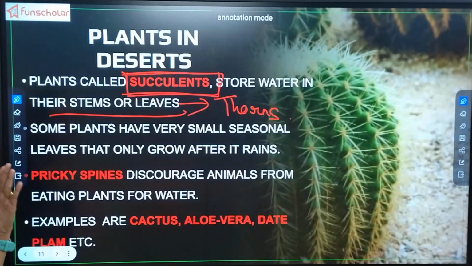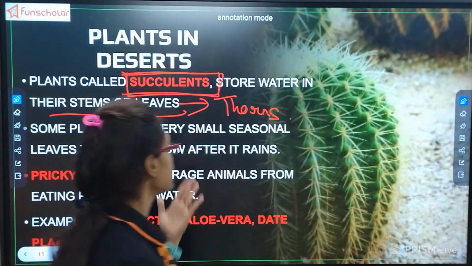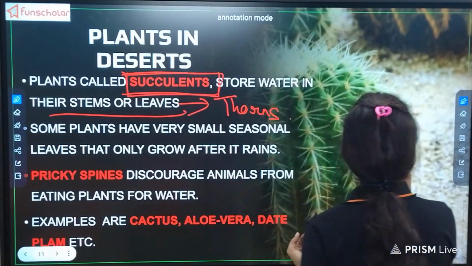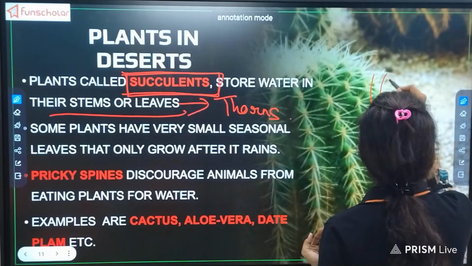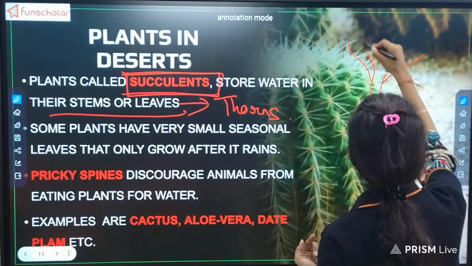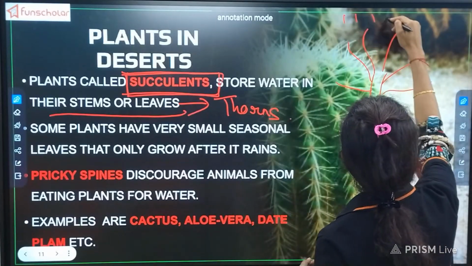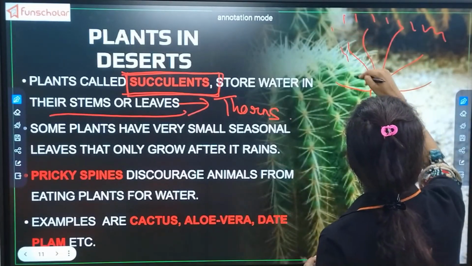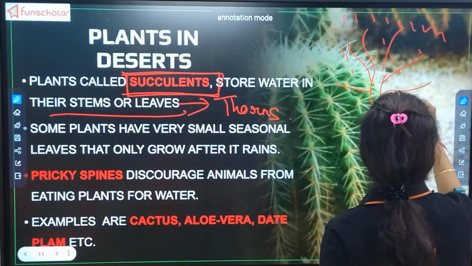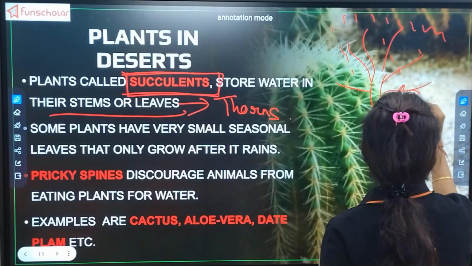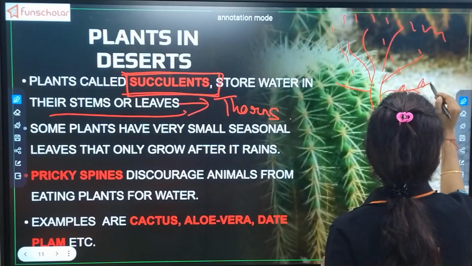Some plants have very small seasonal leaves that only grow after it rains. There are some plants which have only branches like this, okay, and after it rains they will form leaves.